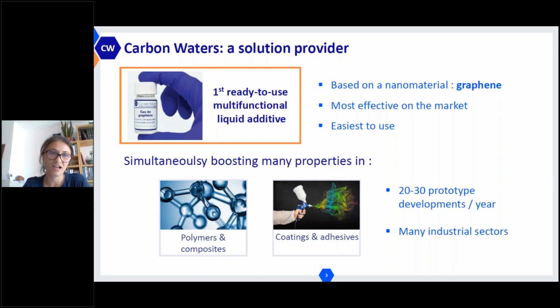These additives are able to boost simultaneously many properties in different matrices, different materials such as polymers, composites, coatings, adhesives, but also oils, thermal fluids, or even concrete. Our engineering office works on many developments with industrial companies per year for many industrial sectors.